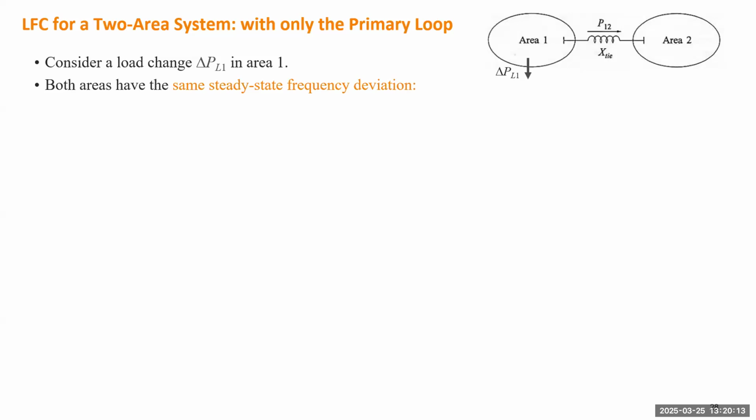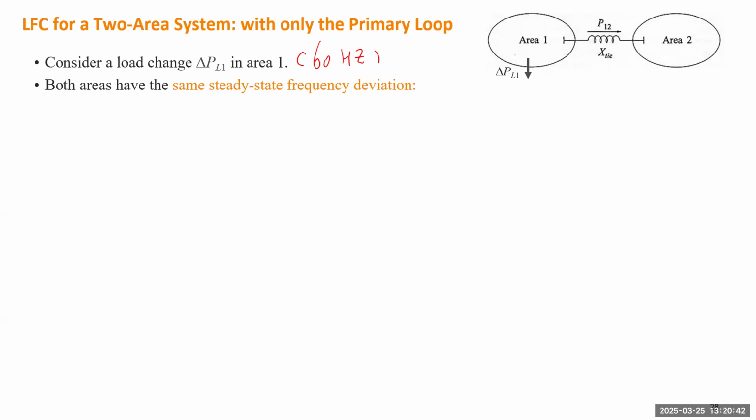So now we're ready to study one scenario for this 2-area system. Let's assume there's a load change, which is a delta PL1 in area 1. Here we assume the load change is based on 60 Hertz. So don't ask me whether this delta PL1 is a frequency dependent load or independent load.